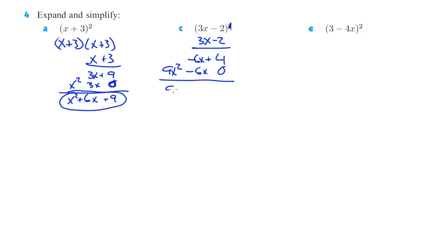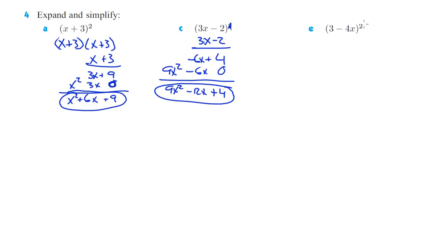Okay, add those together. 9x squared minus 12x plus 4. I really kind of like the stack method because, again, as long as you're going up just by 1 power of x each time, which we do for the most part in here a lot, you can use this little stack.